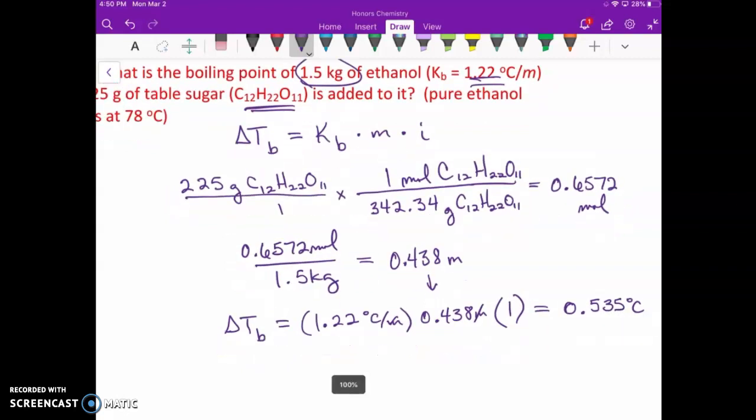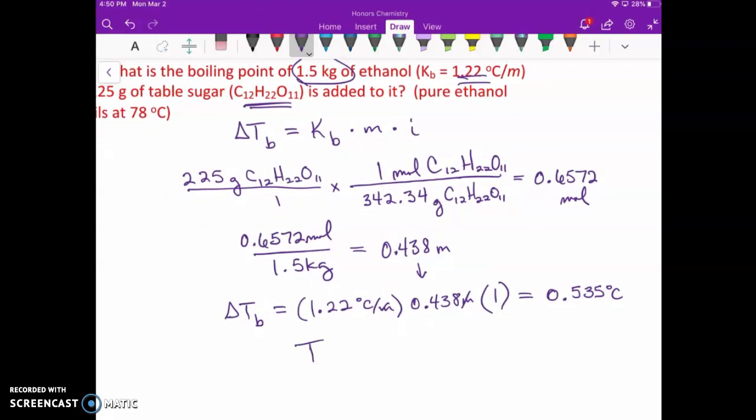And if I want to know the boiling point, take my original boiling point, 78 degrees Celsius, and actually add that answer.